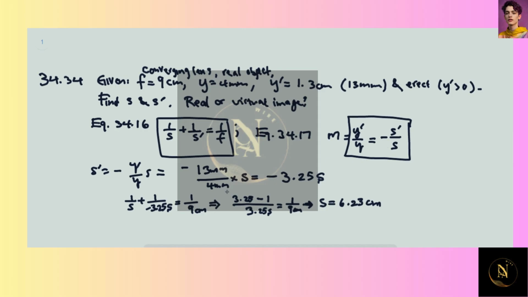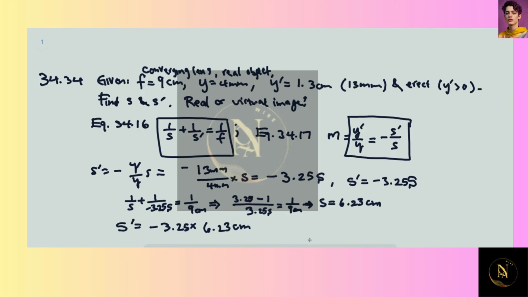And now I can go back to this relationship where I have S prime equal to minus 3.25 S. I have S over here, so S prime then is minus 3.25 times 6.23 centimeters.